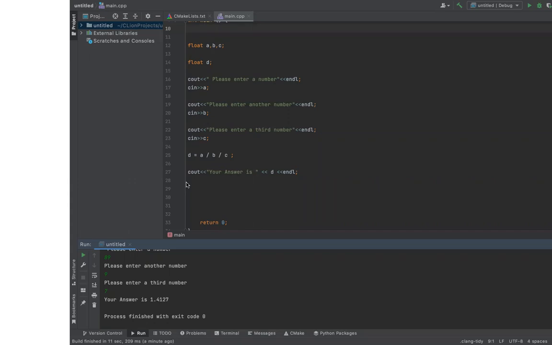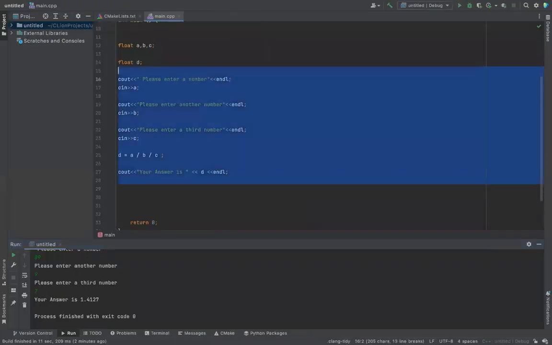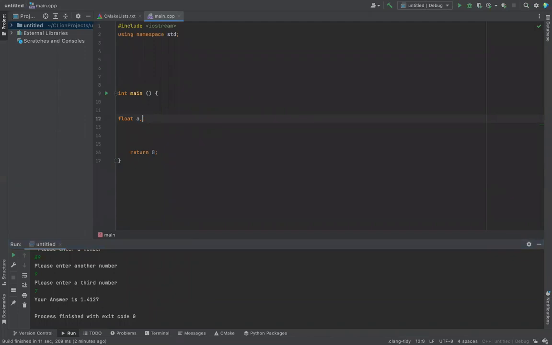Now we are going to something called compound assignment operators. I'm going to build a certain program right now. Take note of whatever I'm going to do. So int a, and int b, so b is equal to 7.